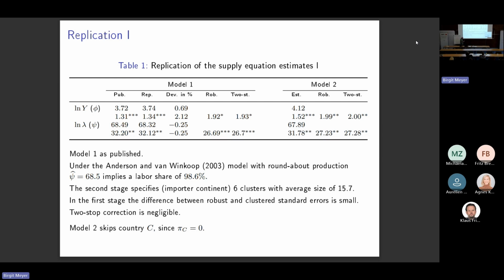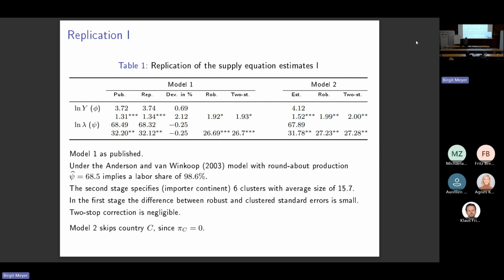And then I thought, well, for clustering, what you need is small clusters and very many of them. The asymptotics for clusters is that the number of clusters goes to infinity and cluster size is fixed or not growing too fast. And this is crazy: you have 6 clusters having on average 15 observations.